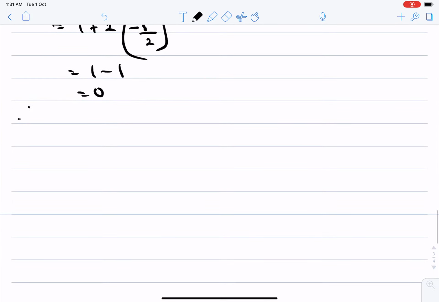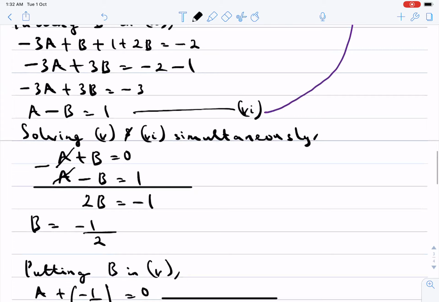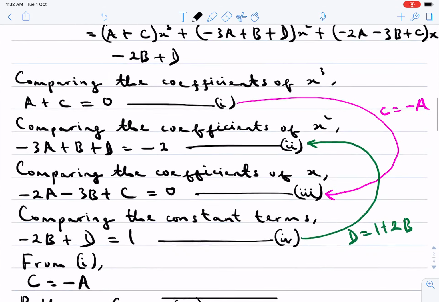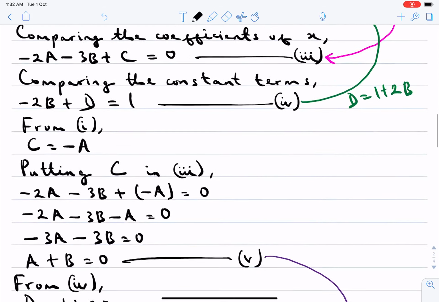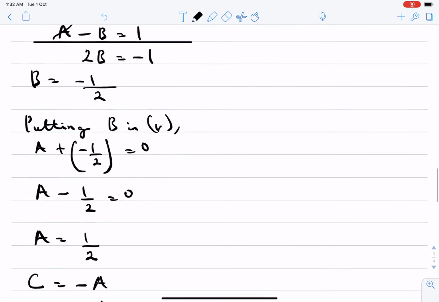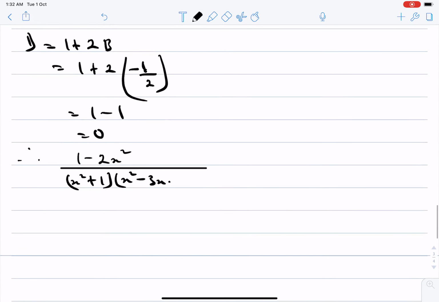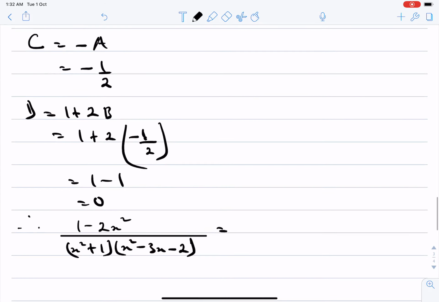Then the compound fraction. Therefore, 1 minus 2x squared over x squared plus 1 times x squared minus 3x minus 2 is equal to ax. A is 1 over 2.